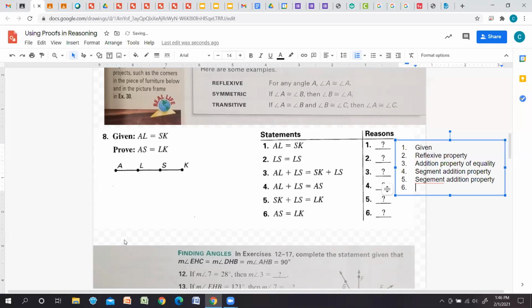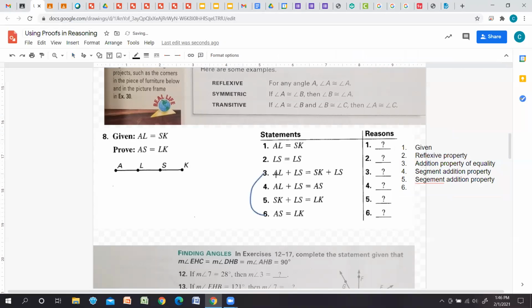And why they say 4 and 5, you notice, is that now that we've established these two equations, we can look back at number 3 and apply it to number 6. We can replace the left side of the equation, AL plus LS, with AS, and the right side we can replace with LK, and we get the statement we're trying to prove.